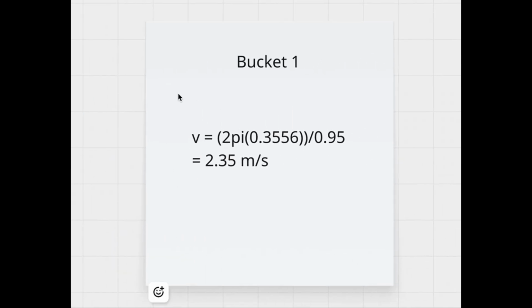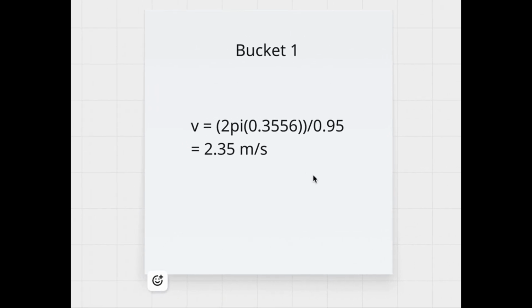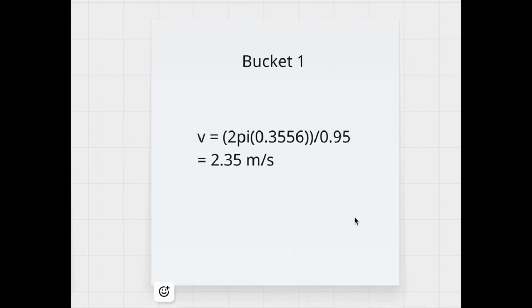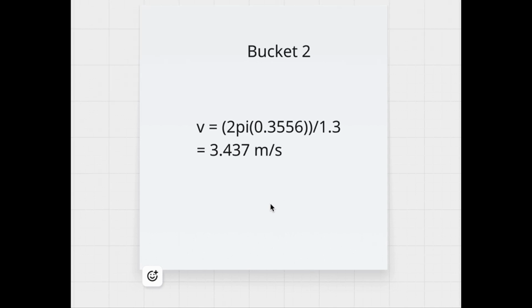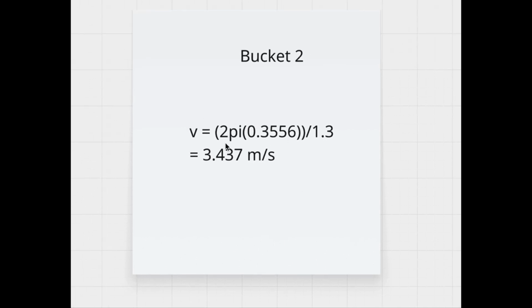And then for bucket 1, if we plug in all of our information here, which is the same as with the previous one, we find that the actual speed observed was 2.35 meters per second, which is slightly larger than the expected result of 1.87, but that's a little expected because obviously when you're spinning the bucket, not all the force is going to be perfectly transferred, and so it's going to be a little bigger than calculated.